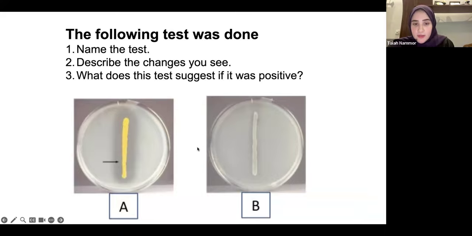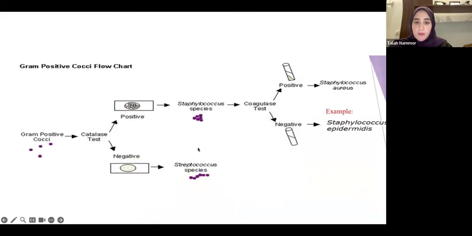Okay, if you have any questions, stop me at any time. Okay, so this is what we were just discussing. So basically, gram-positive cocci, we do the catalase test. If it's positive, then we know it's a staph species, all right? If it was negative, then we would think of streptococcus, all right? طيب, it was catalase positive. How can I differentiate between the staph species?